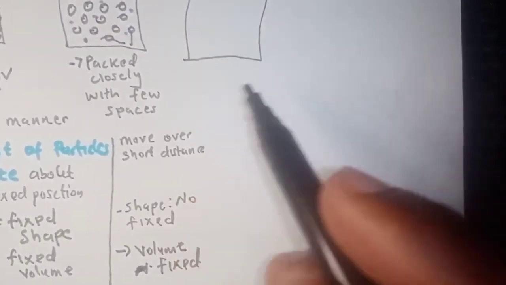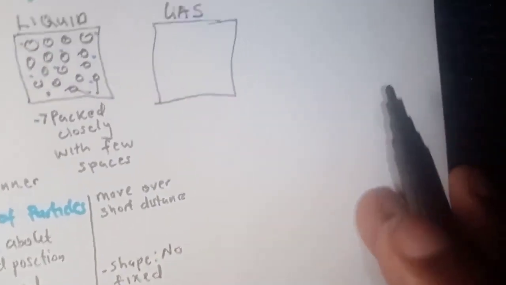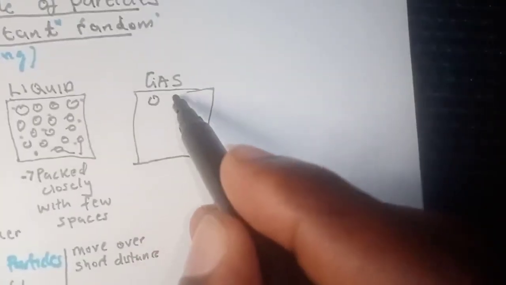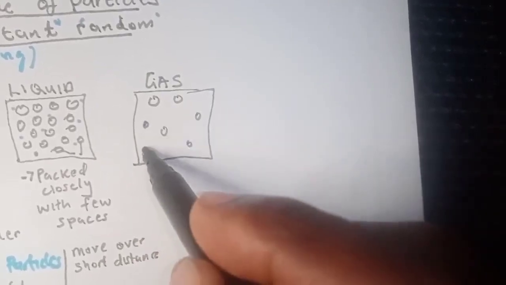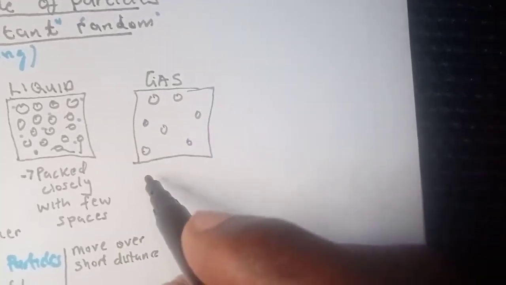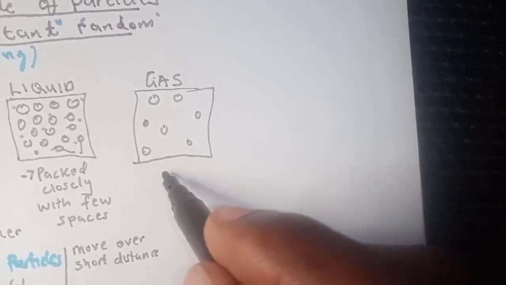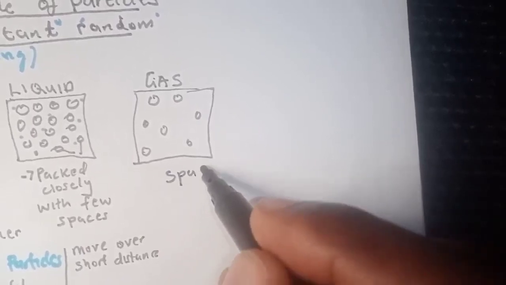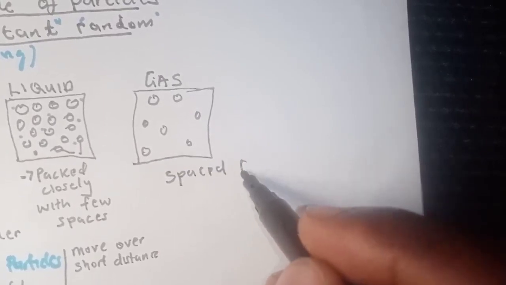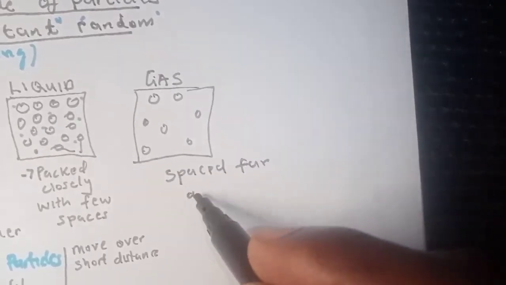Okay, let's look at a gas. Now, in a gas, it's a bit interesting here. In gas, we have the particles. They are very far apart from each other. The particles are spaced far apart.